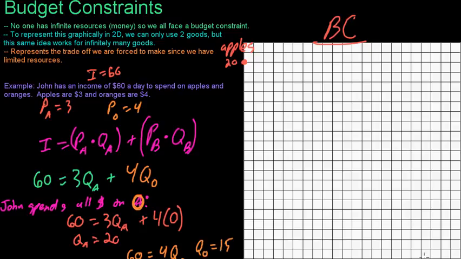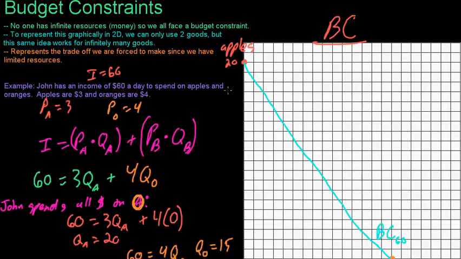If this is 22, this is 21, 20, 19, 18, 17, 16, 15. And then if we just connect these 2 points, we have John's budget constraint. I'll put $60 right here because that's how much he had to spend.